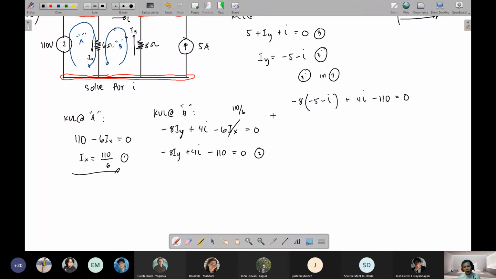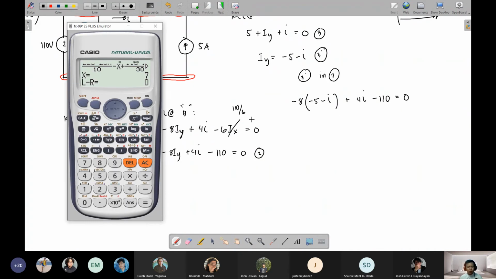So again, as long as isa na lang ka-unknown, masagot ra nako diretso using shift solve. So with that, okay, you will have negative 8 times negative 5 minus alpha x, then plus 4 alpha x, then minus 110, then equals 0.